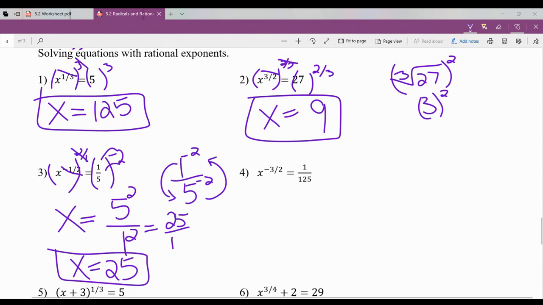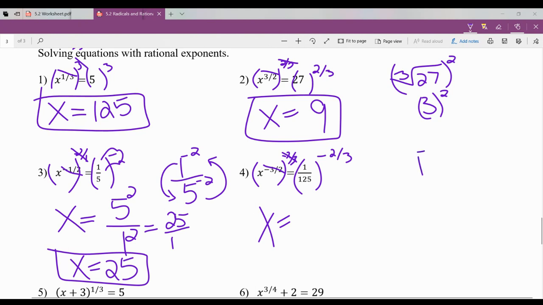All right, so same idea. We're going to raise both sides to the reciprocal, so negative 2/3. Raise both sides to the negative 2/3. So the negative 3/2 and the negative 2/3 are going to cancel. x is going to equal, now we're going to distribute that exponent.